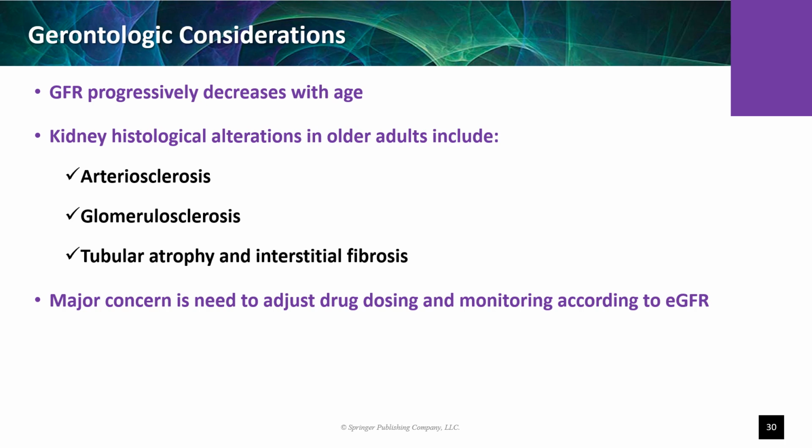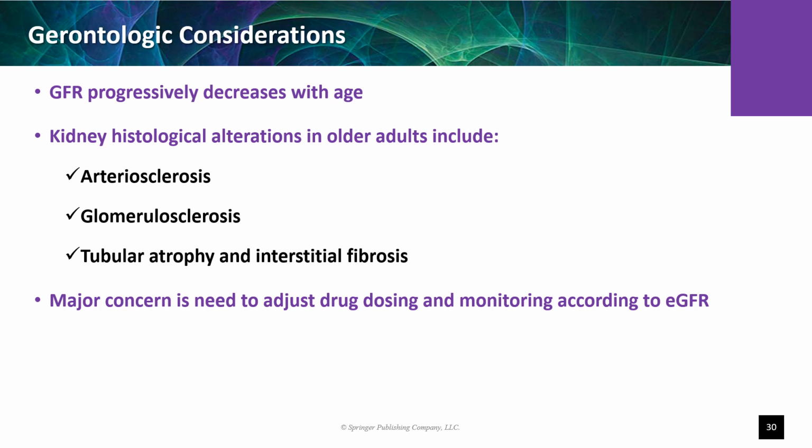The reduction in both GFR and renal blood flow are interconnected and primarily involve structural changes within the kidney and its vasculature. So also at about age 40, the number of nephrons begin to decrease by more than 6,000 per kidney per year. This helps to explain the decrease in the renal blood flow and the GFR.